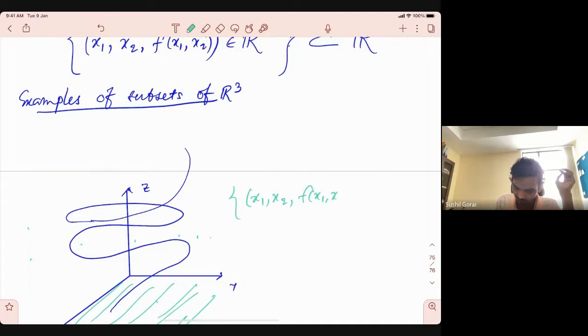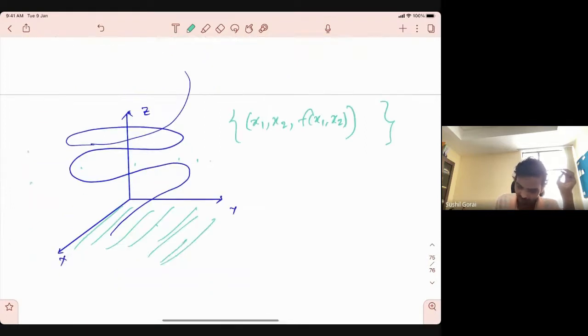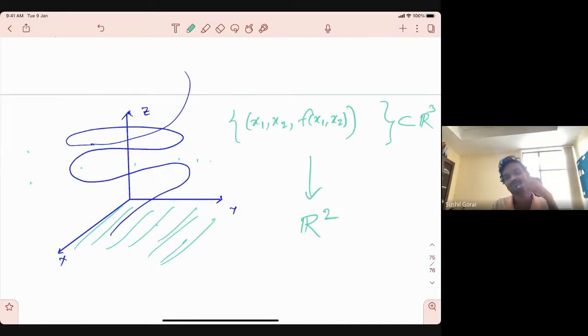If (x1, x2), from this set to, so f is of course from R2 to R. Can you give the map? This set to R2, which is invertible, a bijective map.